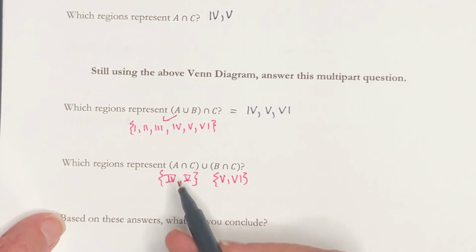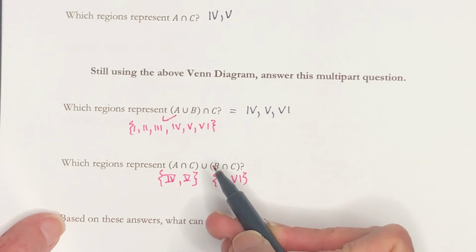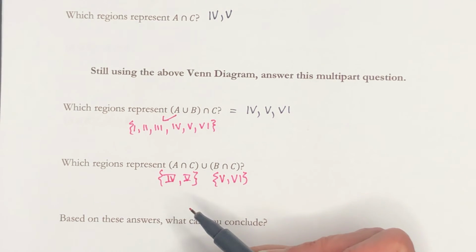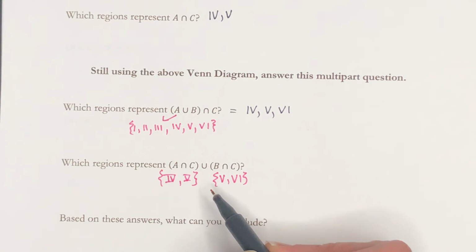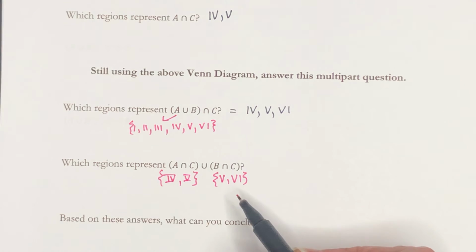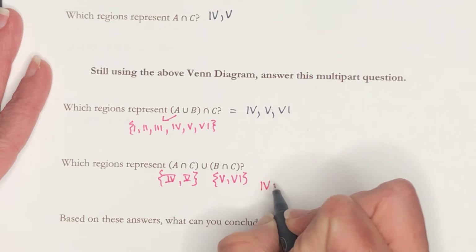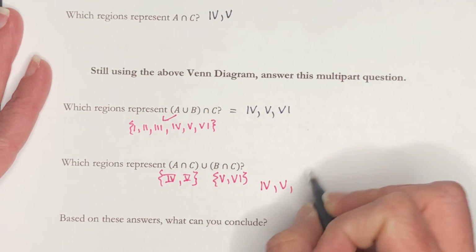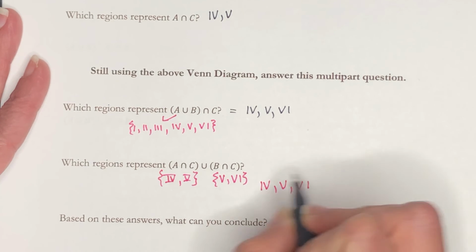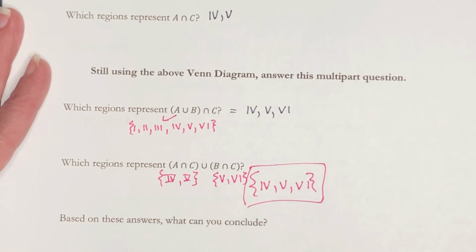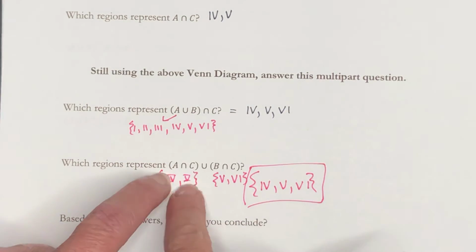Okay, those are the regions. Now union, so we want to pick up everything that is in either one of them. So that's going to be regions 4, 5, and 6. That is your final answer. Those are the regions that make up that set.